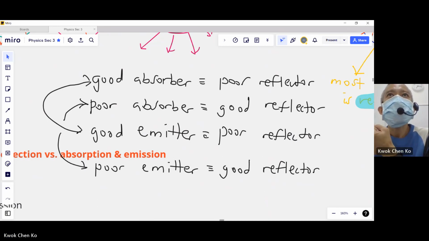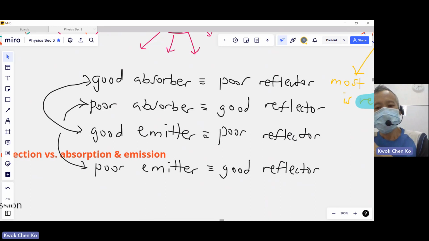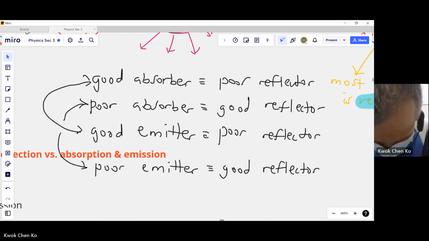Actually, radiation is like... Later I'll tell you, since you asked about it. Energy.